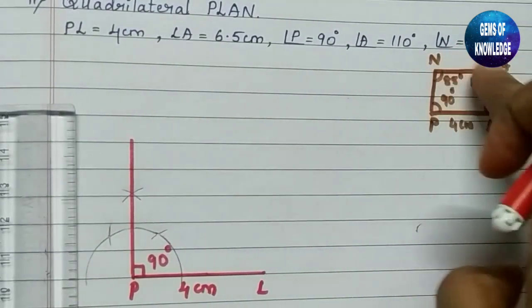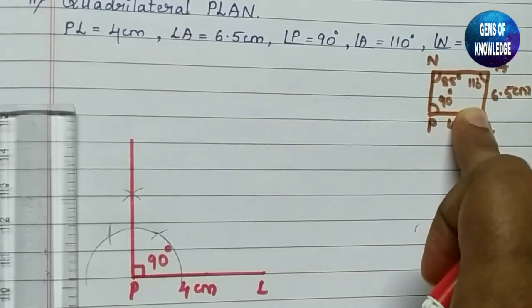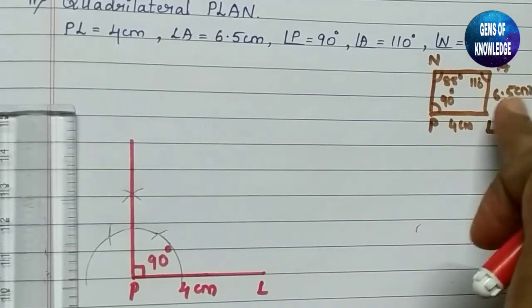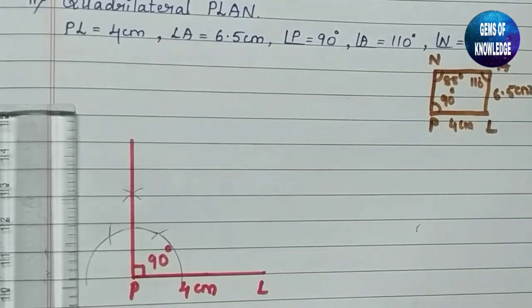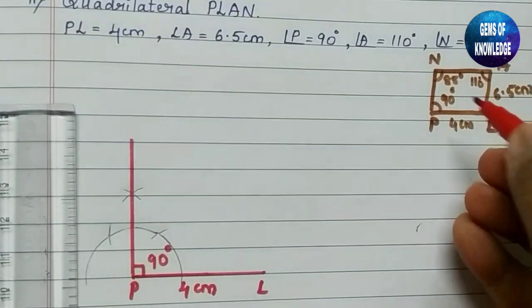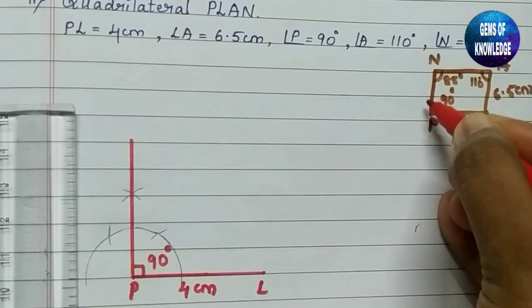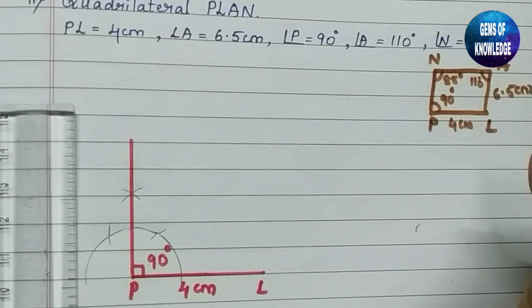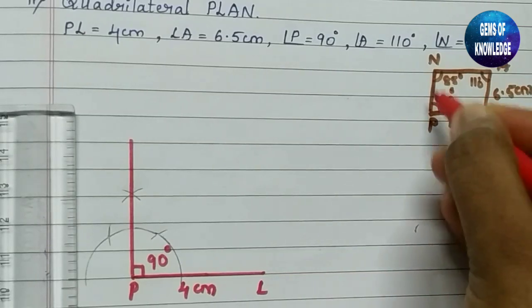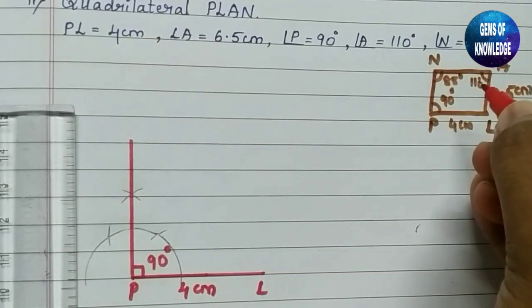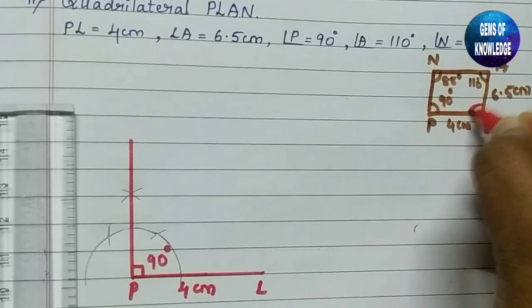So before drawing these two angles, we need the base angle. How can we find out the base angle? We can find it out by a simple calculation. We all know that the sum of all the four angles will be equal to 360 degree. By this simple calculation we can find out the angle present here.